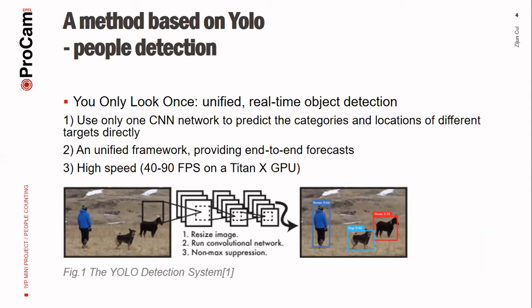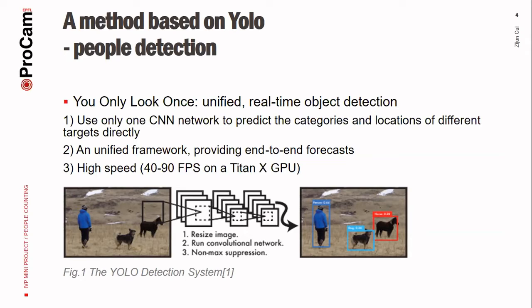People detection belongs to the field of object detection. In this method, I use YOLO. Its full name is You Only Look Once, which indicates that its speed is very high. As you can see, this is the system of YOLO. It's a deep learning method, but it only uses one CNN network to predict the categories and the locations of different targets directly.